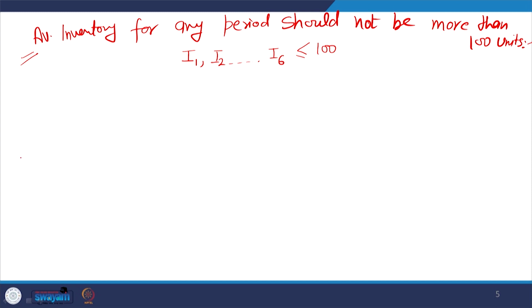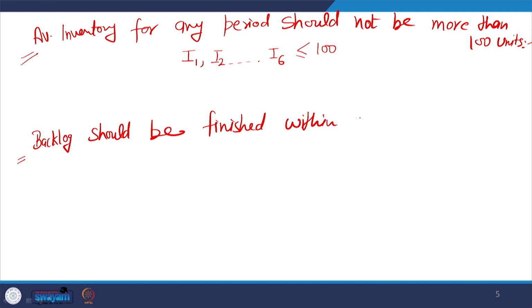Similarly, another constraint can be that backlog should be finished within 2 successive periods, or within 2 following periods.